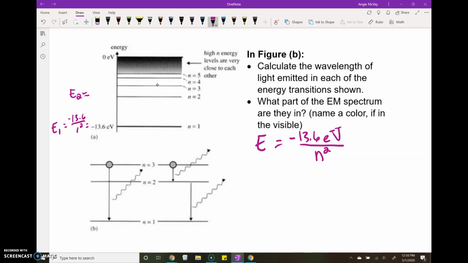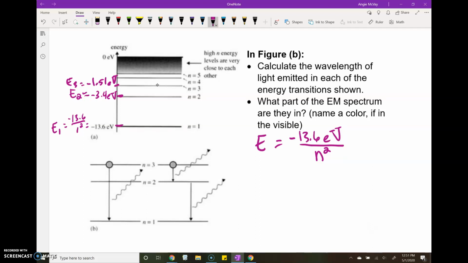You should get negative 3.4 electron volts. And then n equals 3, E sub 3 equals negative 1.51 electron volts. Okay, so that goes right here. Okay, n equals 3, n equals 2, n equals 1.